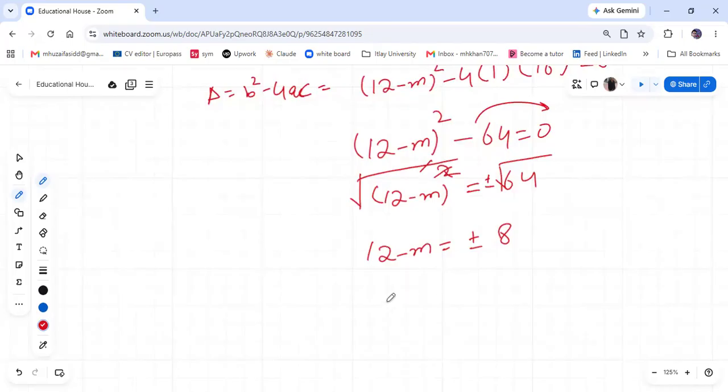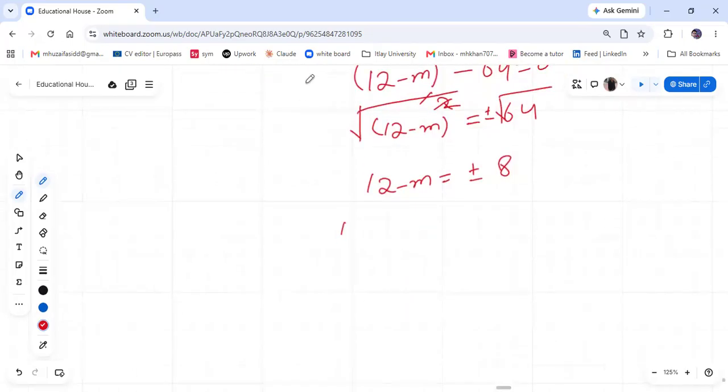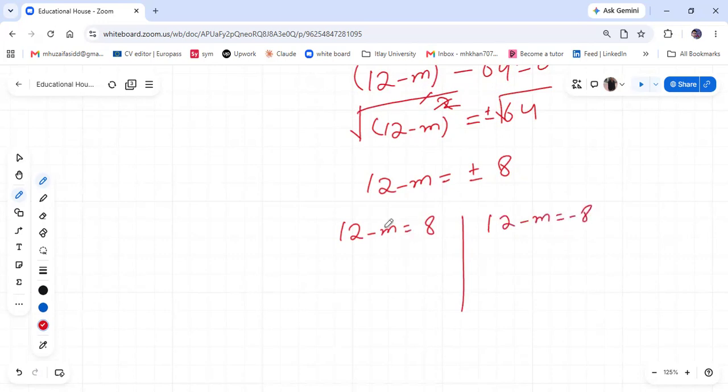Here we have two cases. 12 minus m is equal to 8, and 12 minus m is equal to minus 8. If I rearrange it, minus m moves to the other side and 8 moves to the other side: 12 minus 8 is equal to m.